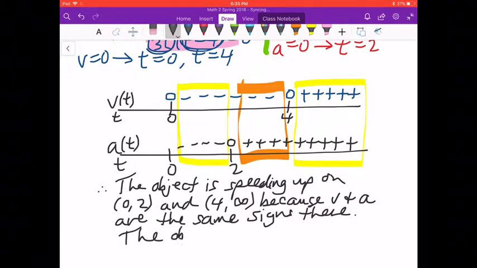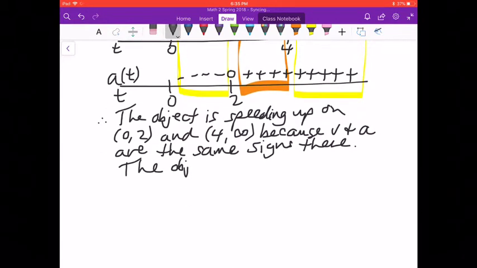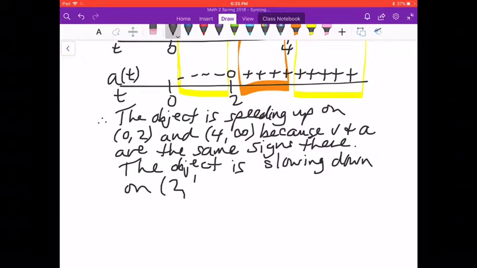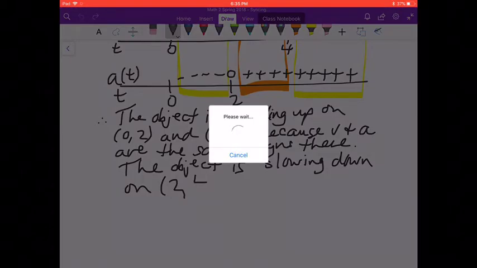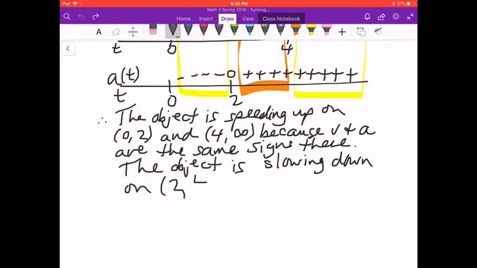The object is slowing down on, let's see, 2 to 4. Oops. Let me clean that up a little bit.